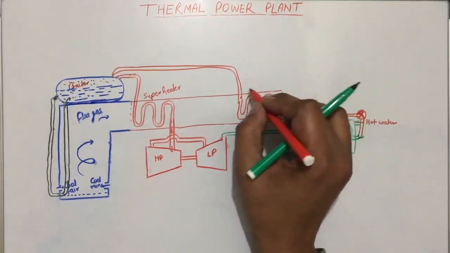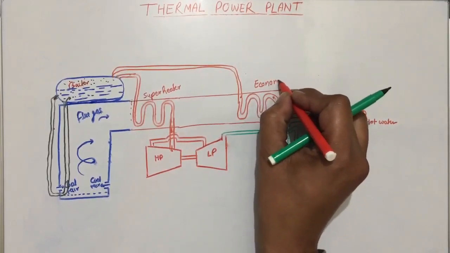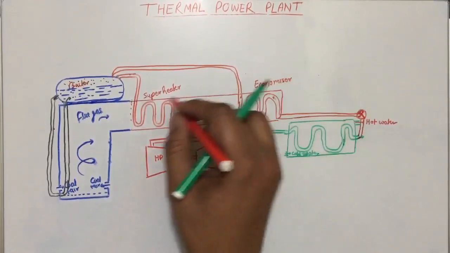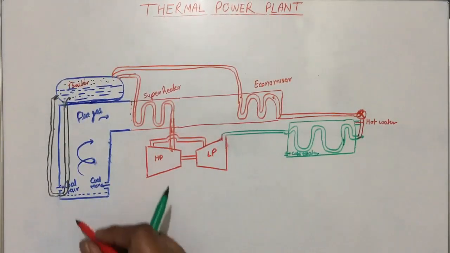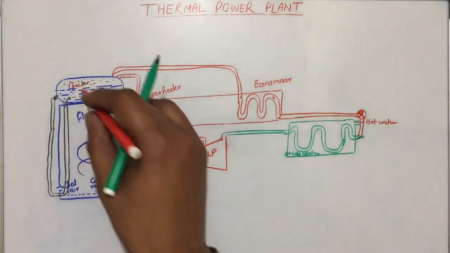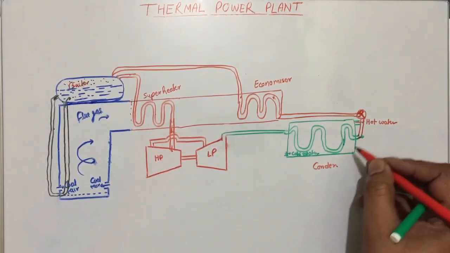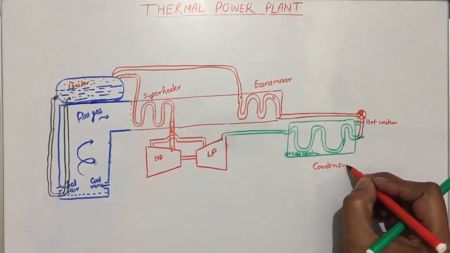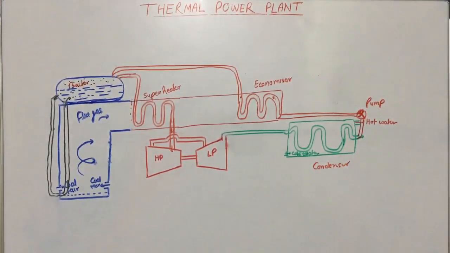This is known as the economizer. This is the superheater, this is the economizer. And combustion chamber, boiler, condenser, and pump, okay.